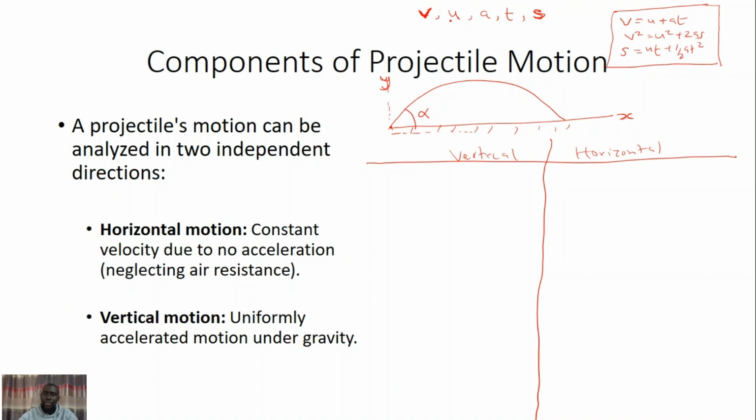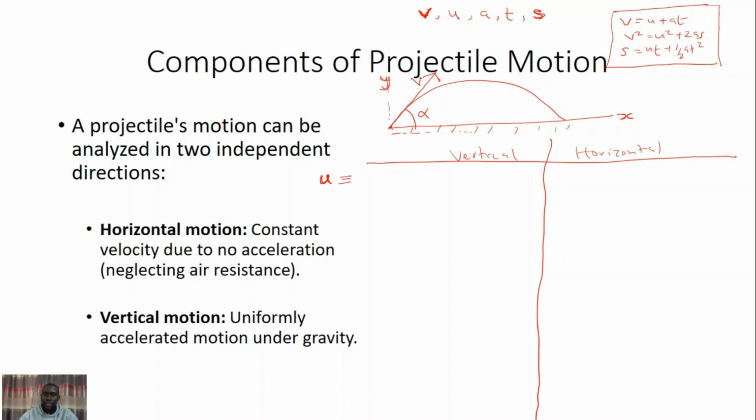Now, let's first of all look at the initial velocity u. The initial velocity u in the vertical component: when the body is projected, it's usually projected at a particular velocity.